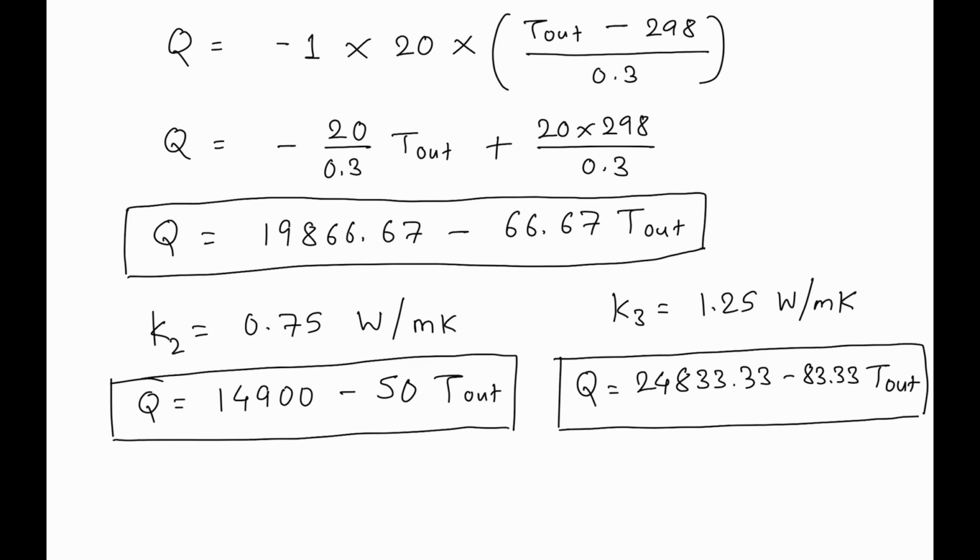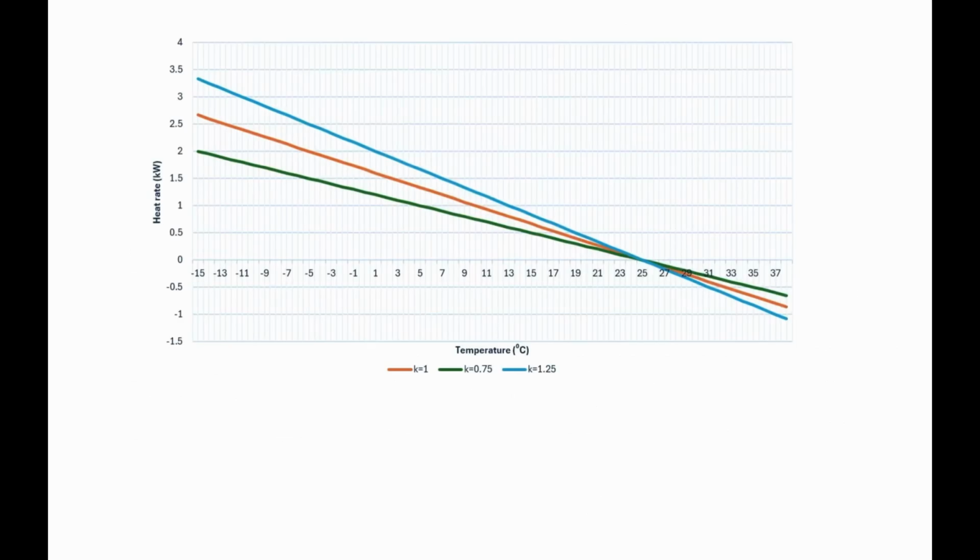So we have equation 1, equation 2, equation 3 for the ranges of T out between minus 15 degrees Celsius to 38 degrees Celsius. If we plot these lines, we get some graph like this.